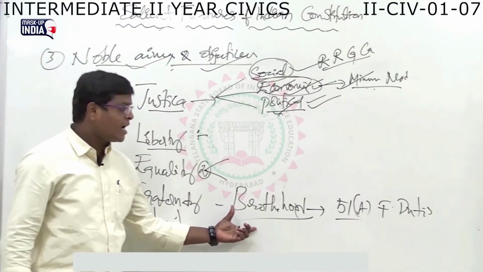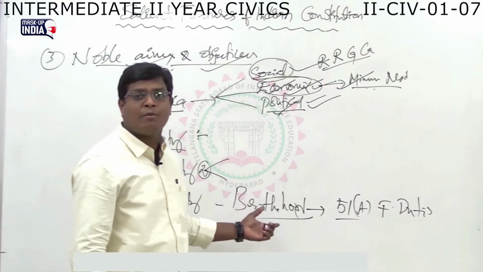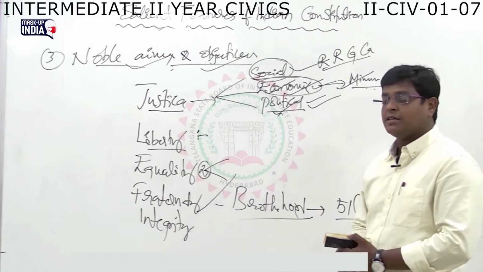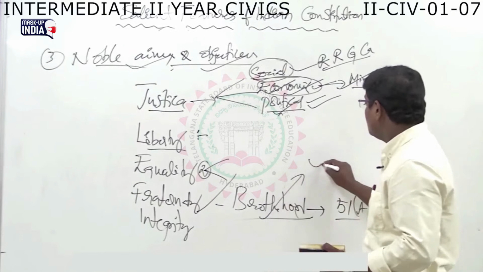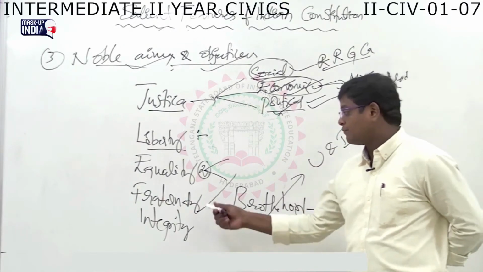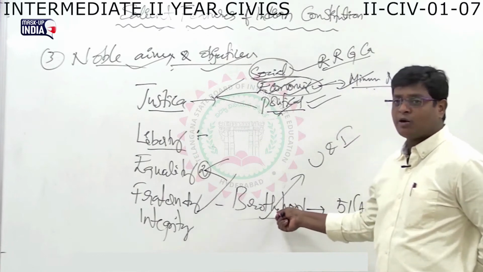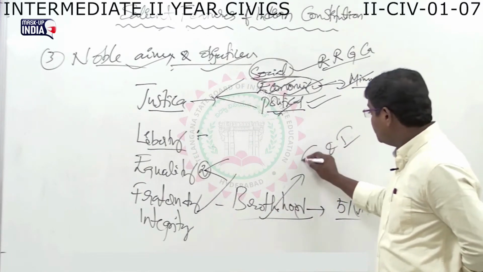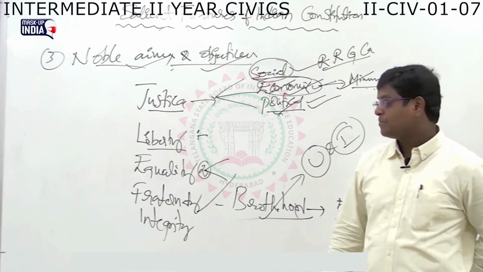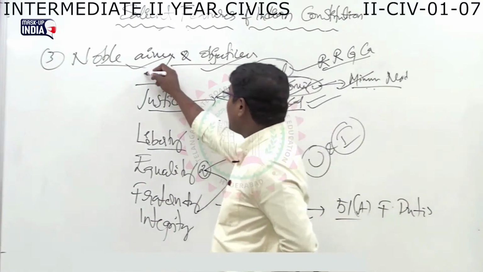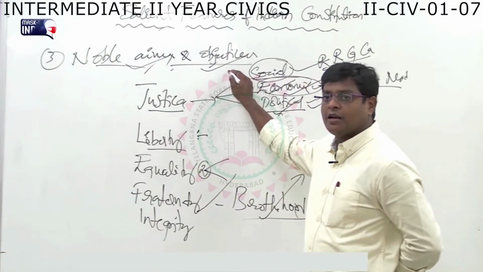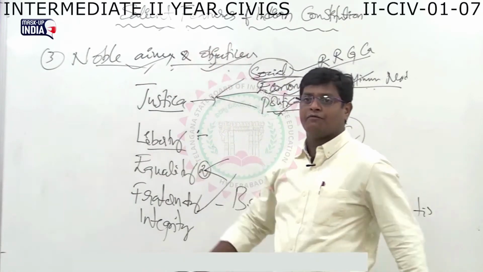That means the state shall promote brotherhood among the people of India. This is called fraternity. It promotes unity and integrity among the people of India. So these are the noble aims and objectives of the Indian Constitution as a salient feature.